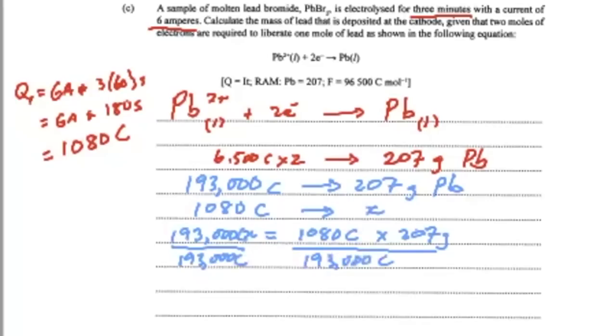So that's 1080 divided by 193,000, and then whatever we get, we multiply it by 207. And we'll end up with X being equal to 1.16 grams of lead. And that will give us our 5 marks. So we have the first 15 marks down.